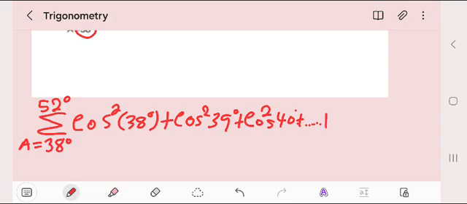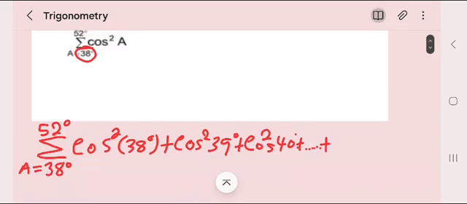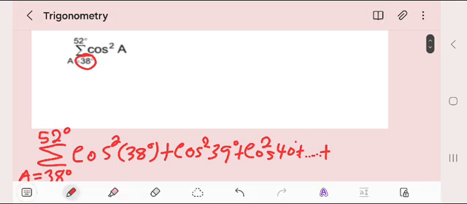Then I will say plus cos squared 50, plus cos squared 51 there.